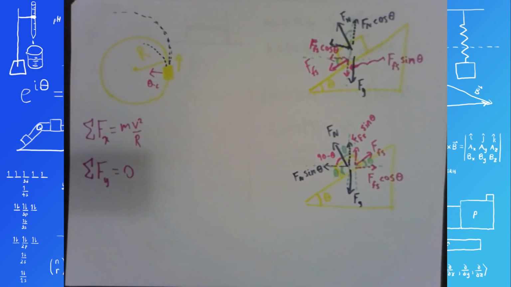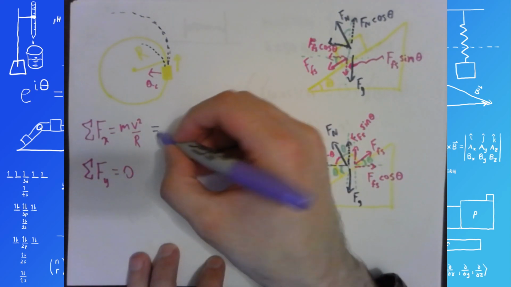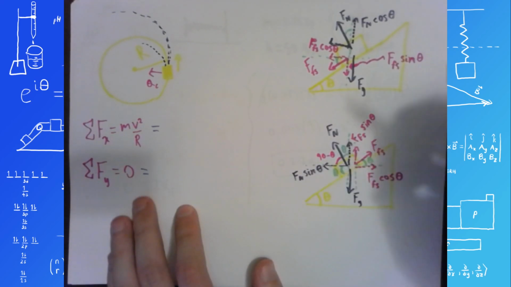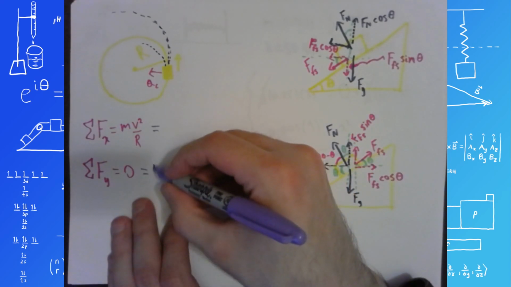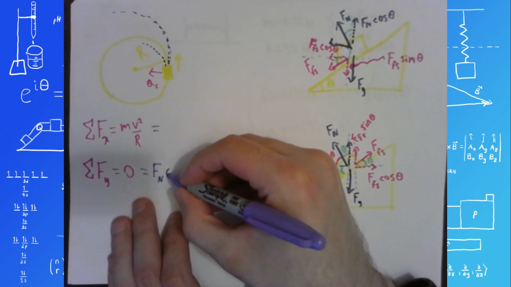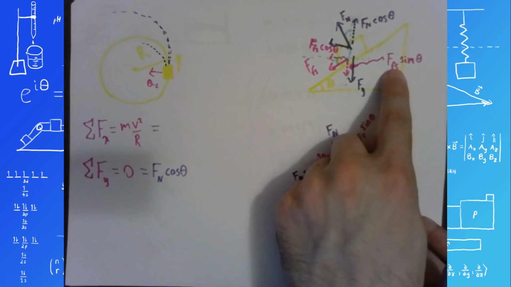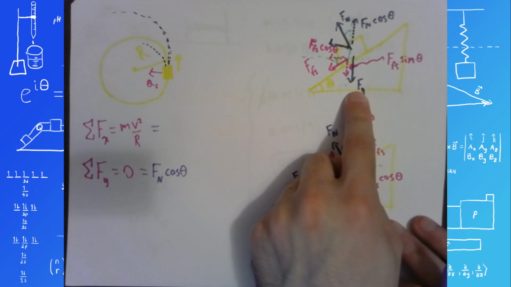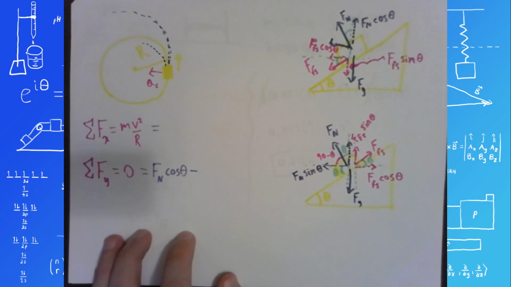My forces in the y direction need to cancel out to 0, so I would have to do normal force cosine theta upward minus downward we've got the force of friction sine theta and the force of gravity. So minus force of friction sine theta.